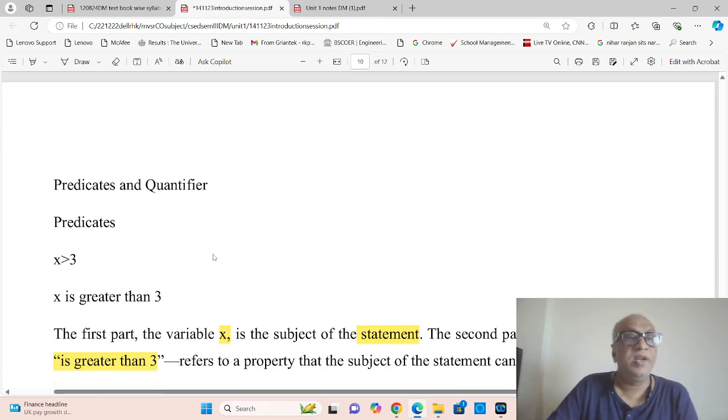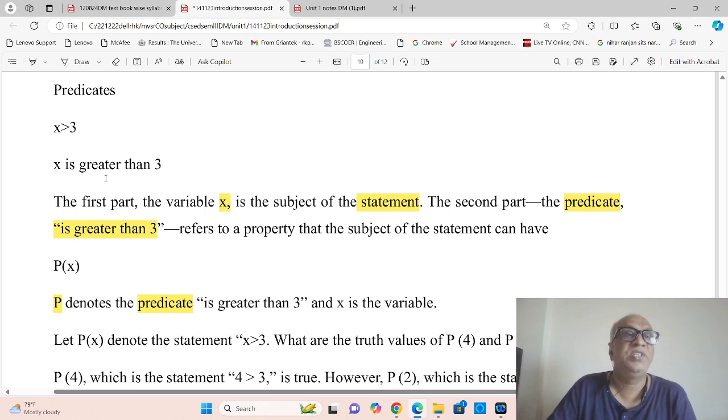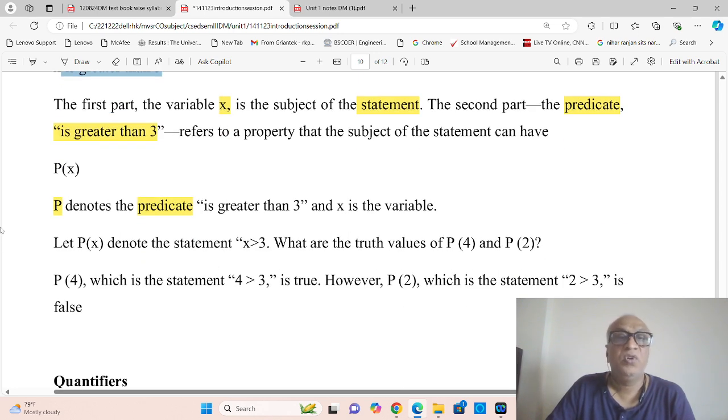What is a predicate? Suppose there is a statement called x is greater than 3. Here x is the subject and the second part, is greater than 3, is the predicate. A predicate refers to a property that the subject of the statement has.